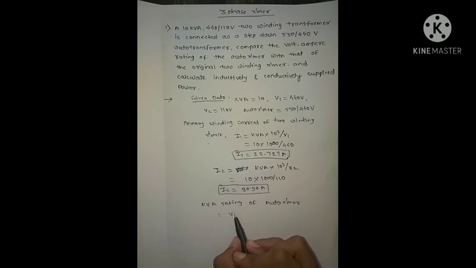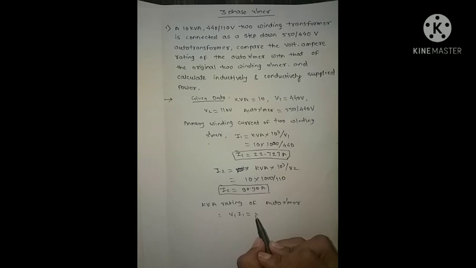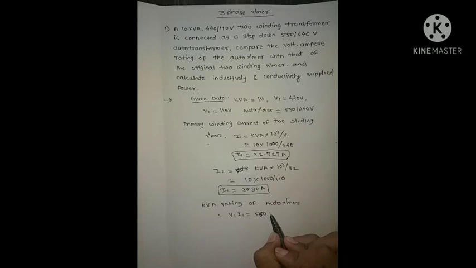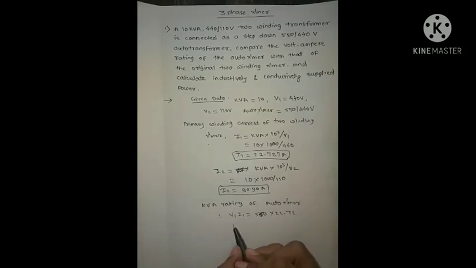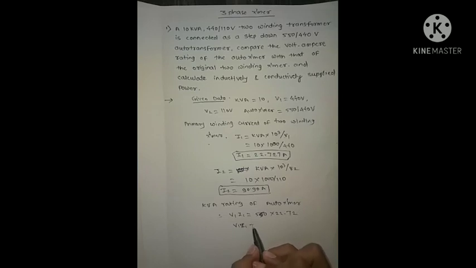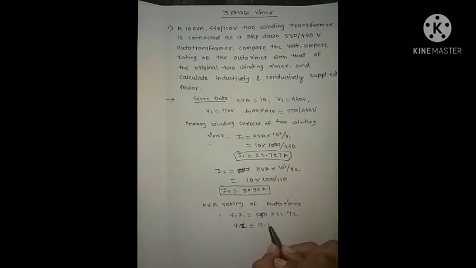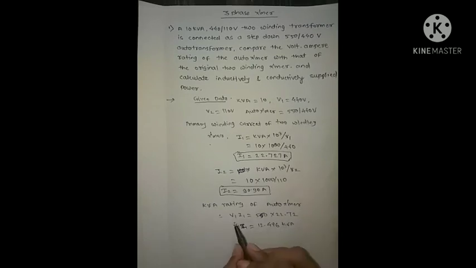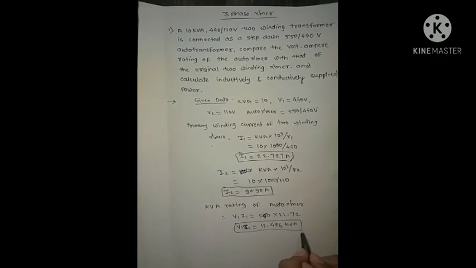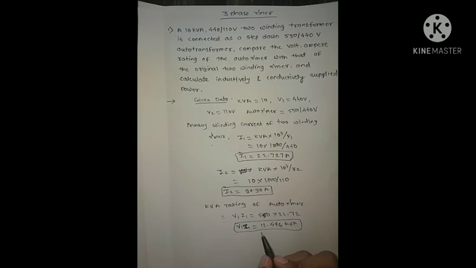Therefore V1 I1 equals to, we know the value of V1 is 550 into 22.72, and V1 I1 equals to 12.496 kVA. This is our V1 I1, that means the kVA rating of the auto transformer.